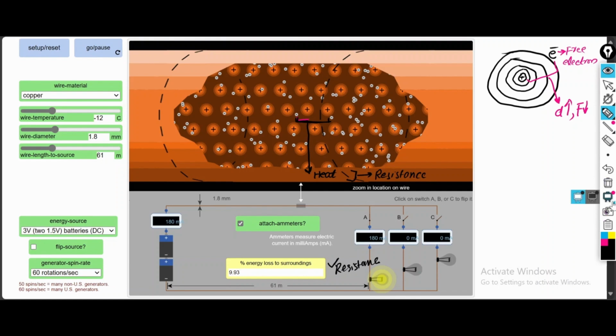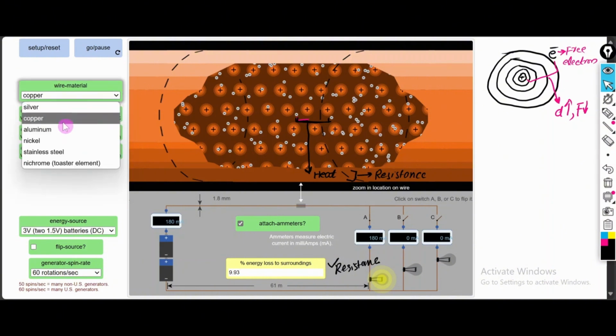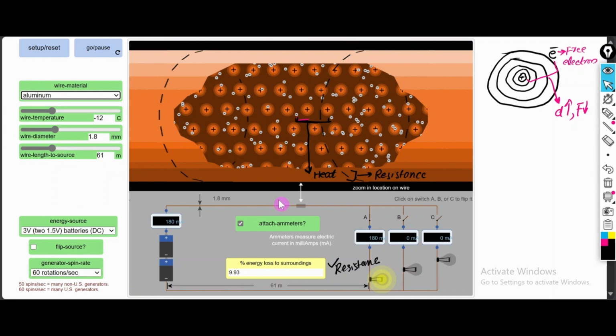Now we will focus on how these factors affect the value of resistance. If we change the atoms which form this wire, and I convert it into aluminium, the aluminium wire is now connected between this battery and this resistor.